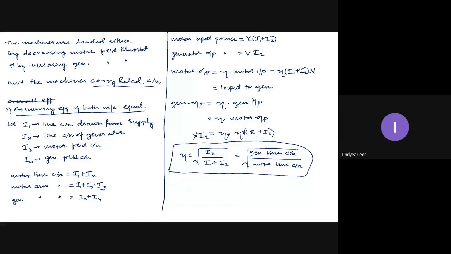So we hardly use this for any machine efficiency performance evaluation. We have to find the efficiencies of motor and generator separately. For that, we have to look into another analysis.